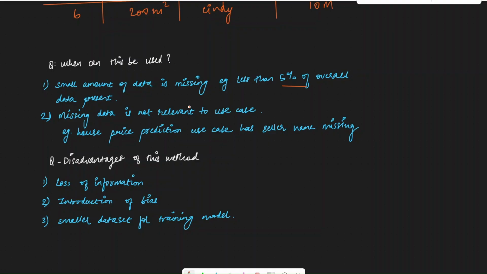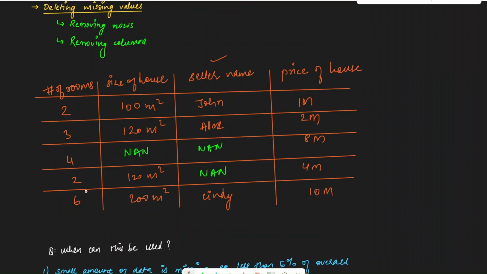There are a few disadvantages of this method. The first one is that we are losing information because we are deleting rows or columns, so we are losing the information that was actually present. Second, we are introducing bias because we are removing these columns. For this house, we know that there were 2 rooms, and for a size of 120 square meters, the price was 4 million.